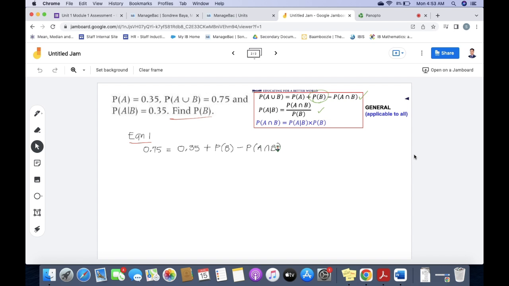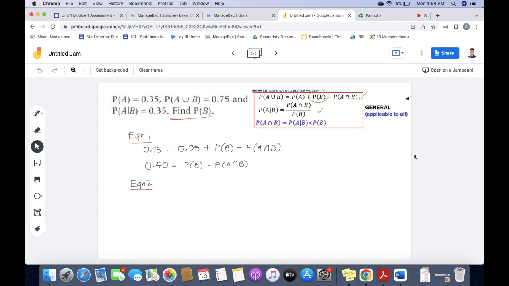Before we proceed to equation 2, let's simplify this first. We can have 0.40 equal to the probability of B minus the probability of A intersection B. Now our equation 2, we can form by using the second law.